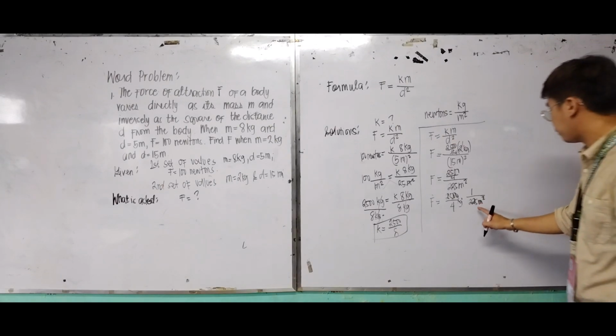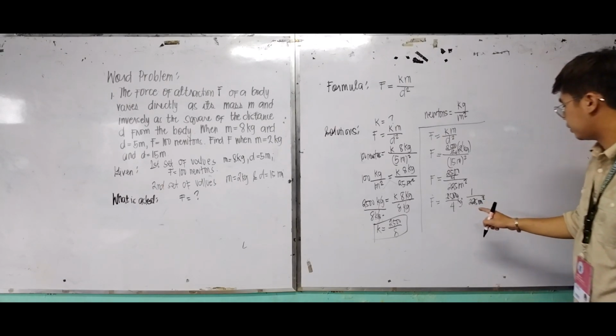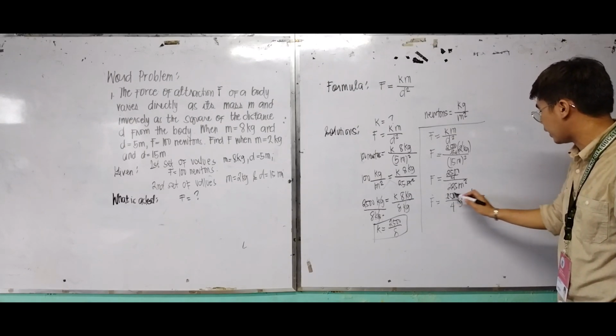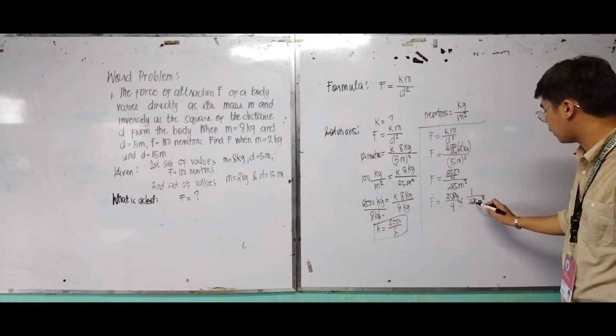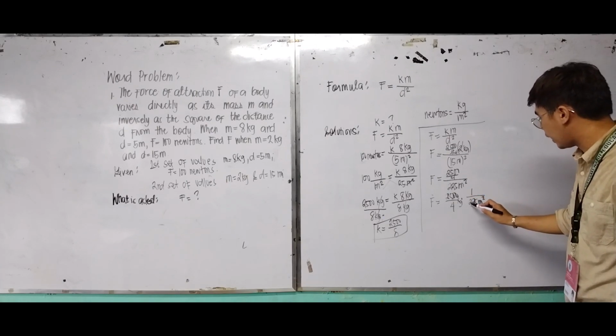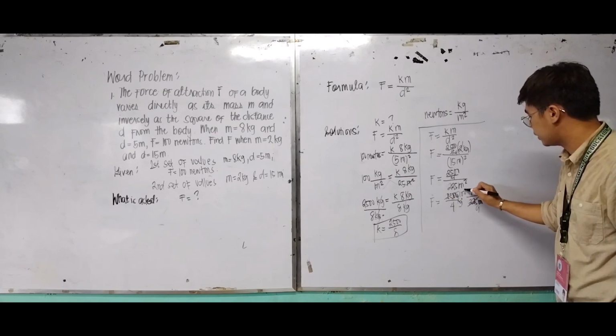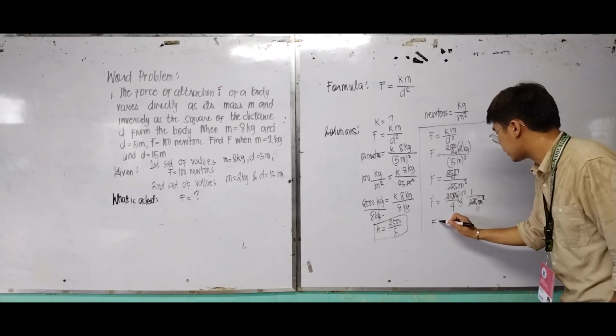So we have here the kilogram sign. And then now we will simplify the given. So we have here the common factor of 2,500 and 225. We have the common factor 25. So we have 9, and here we have 100. So we have the remaining values here.